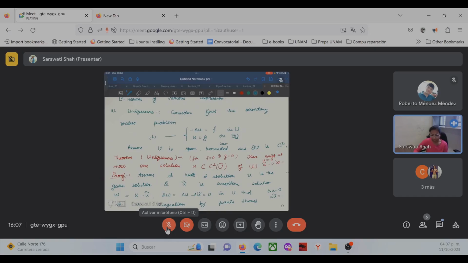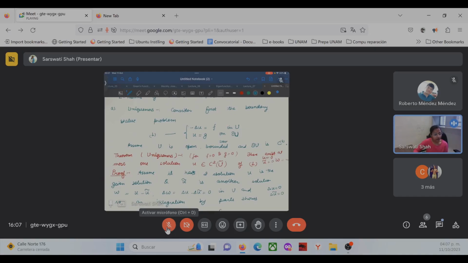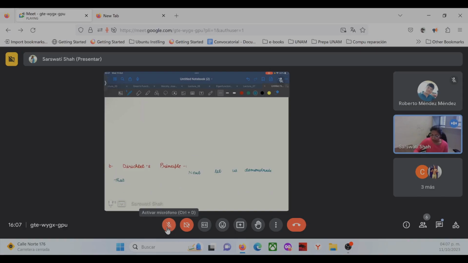Here we were talking about the uniqueness of the solution of a Laplace equation where the boundary condition was zero. Now the Dirichlet principle talks about the solution of the Poisson equation where it will have a Dirichlet boundary condition.